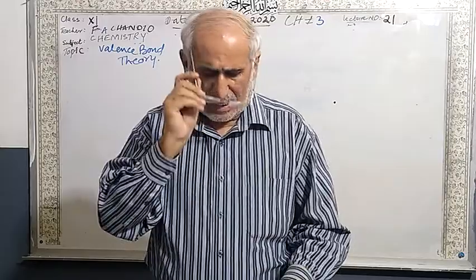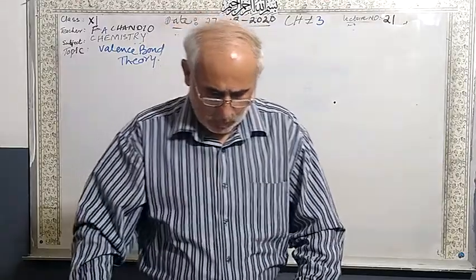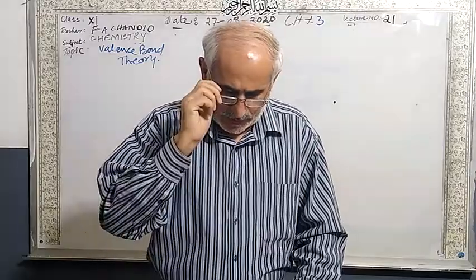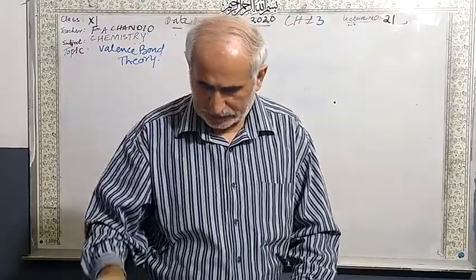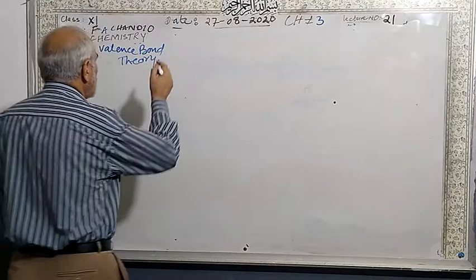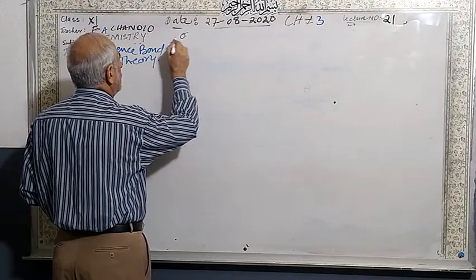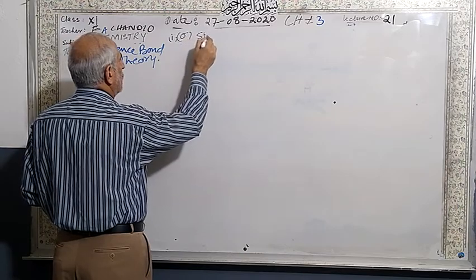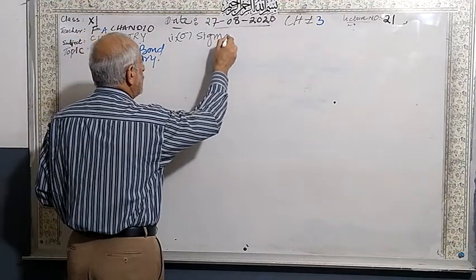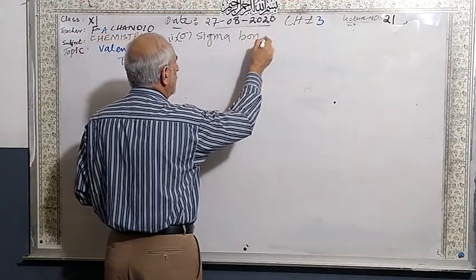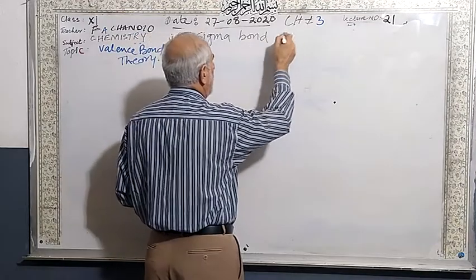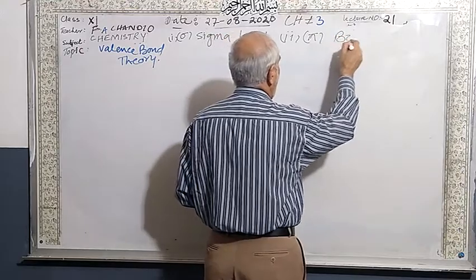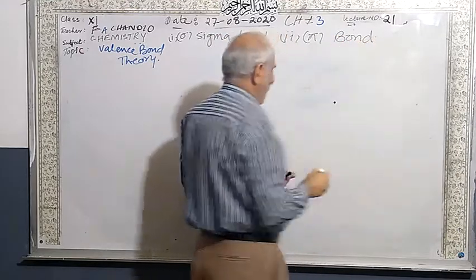Now, in the valence bond theory, there are two bonds: sigma bond and pi bond.